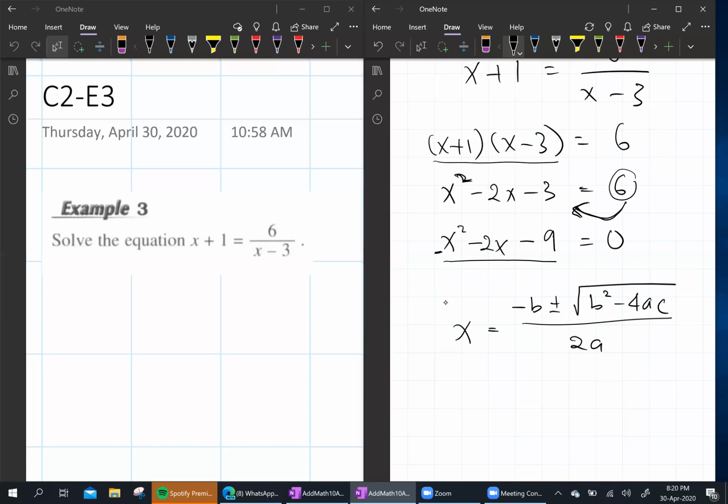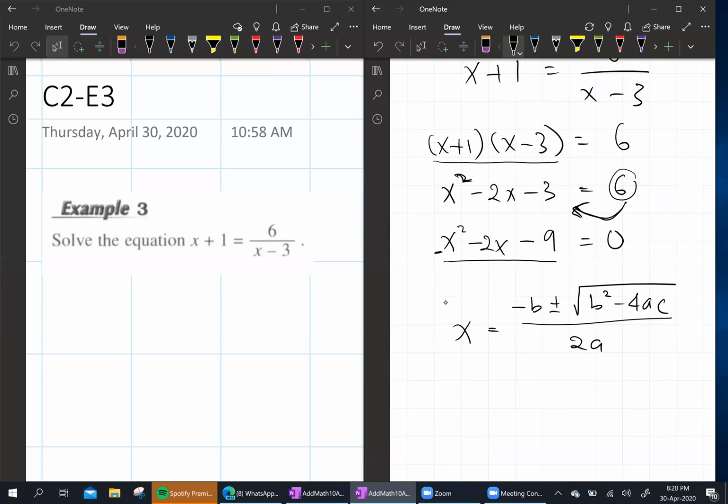Teacher, this formula is used when the equation can't factorize, is it? If you cannot factorize, then you use the formula. If I can factorize, I just factorize it and use the previous method, right?